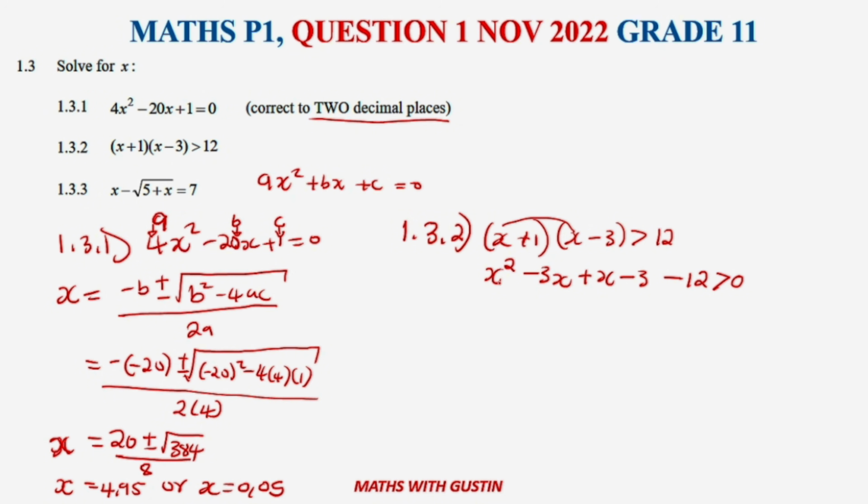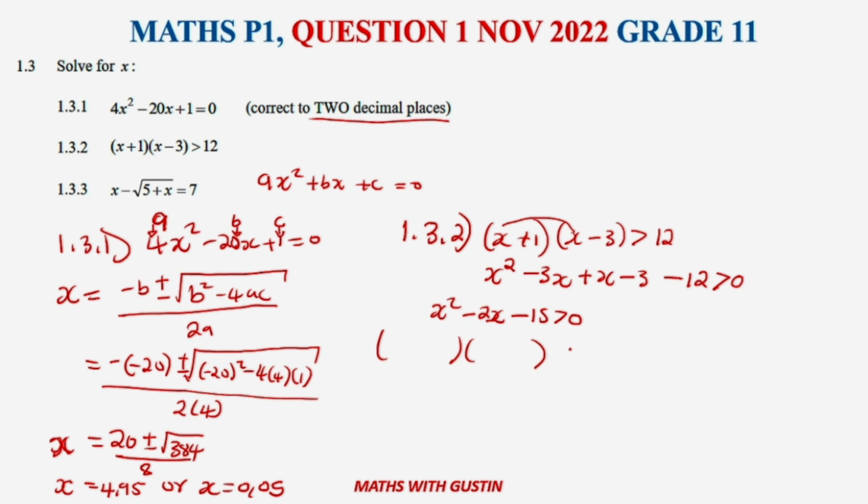Therefore we are going to have x squared, negative 3x plus x is negative 2x, then negative 15 greater than 0. As you can see, guys, this is a trinomial.